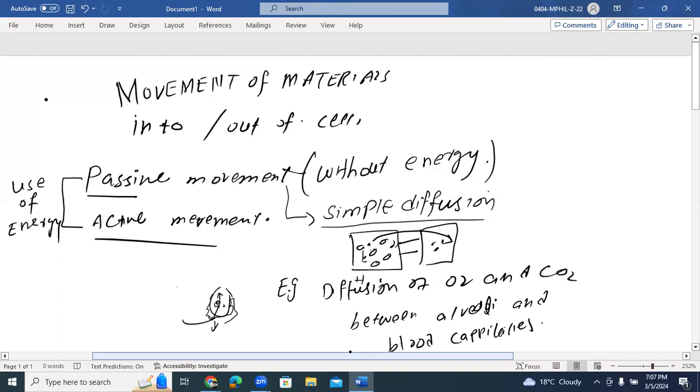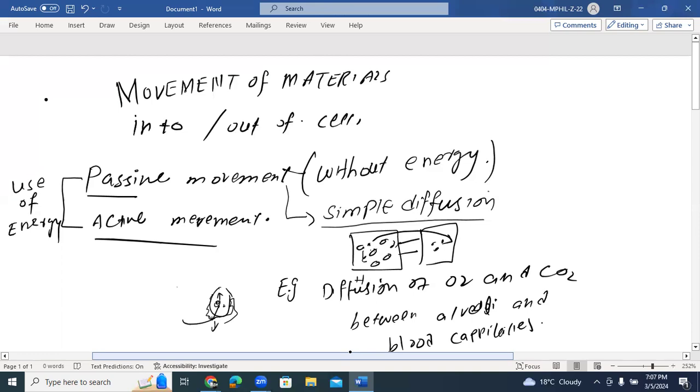In a similar way, when our cells utilize energy, or produce energy, as a byproduct, the end product is carbon dioxide. That carbon dioxide has to come out of the body.